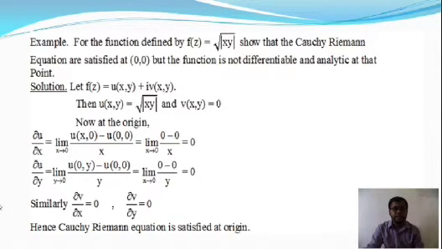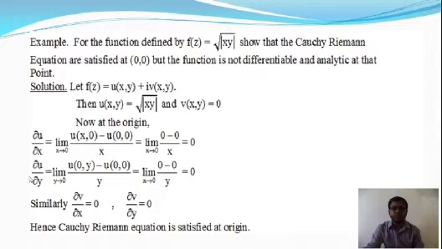Similarly, we have to find the partial differentiation with respect to x and y for the function v. Here the function v is 0, so from this we'll get the first differentiation with respect to x and y to be 0. So del v del x is 0 as well as del v del y is equal to 0.